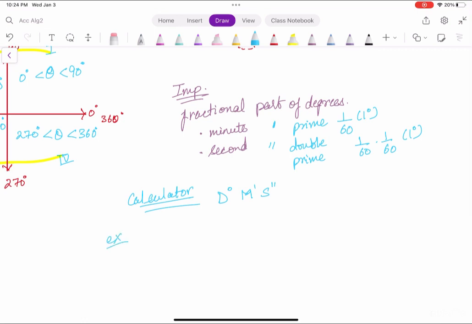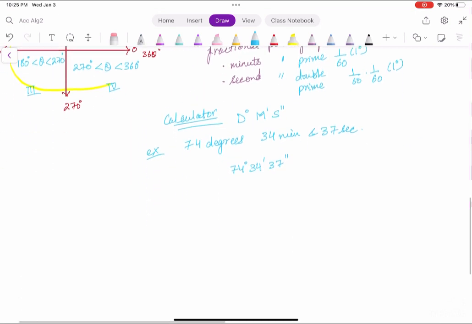So if a question is written something like 74 degrees, 34 minutes, and 37 seconds, the proper notation will be theta equal to 74 with a degree sign, 34 with one prime, and 37 with a double prime. So if you find something written like this, they are talking about the fractional part of the degree. That means 1 prime is the minute, double prime is the second.